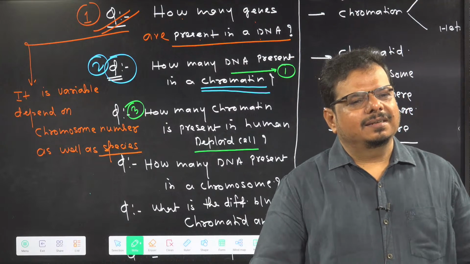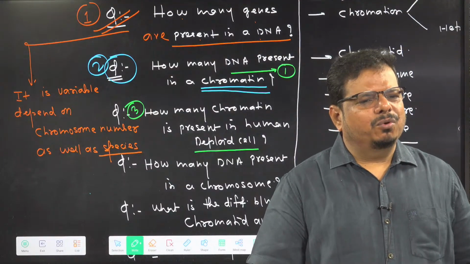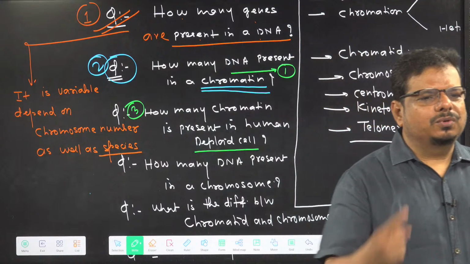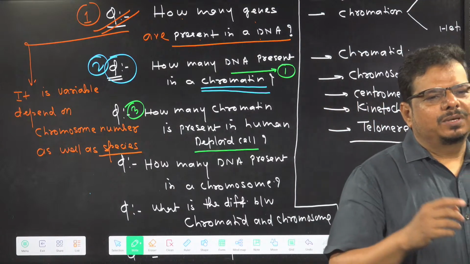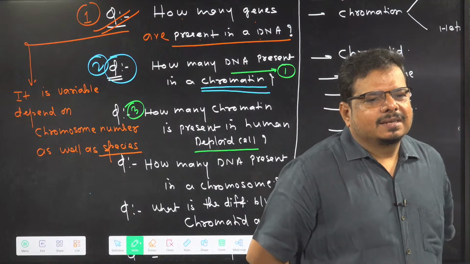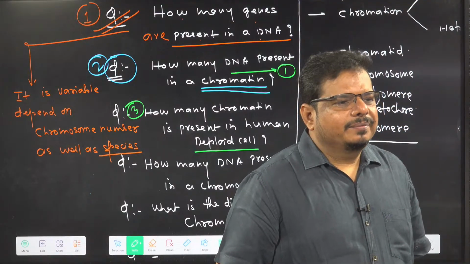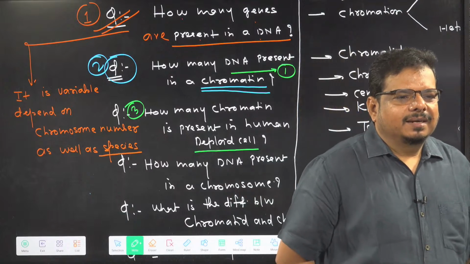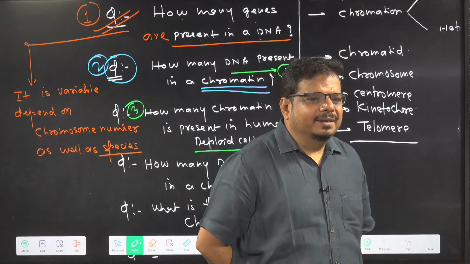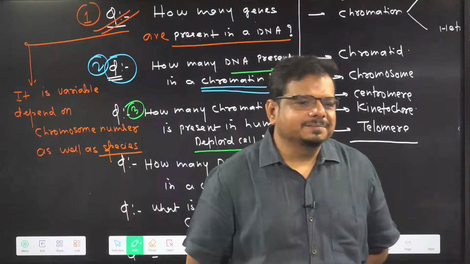I think mostly people are writing 2. Some students wrote 1. Some wrote 4. Some wrote 146 base pair. So these are the different answers coming. I am sorry to say here all of you are wrong.